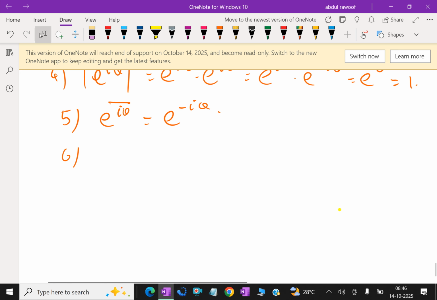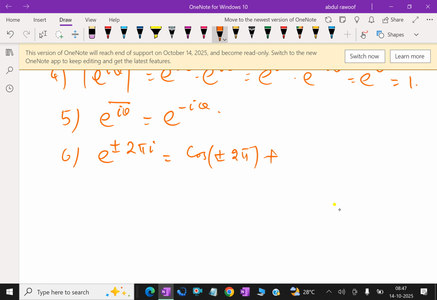Sixth one, e power plus or minus 2 pi i equal cos of plus or minus 2 pi plus i sin of plus or minus 2 pi, which is equal 1.